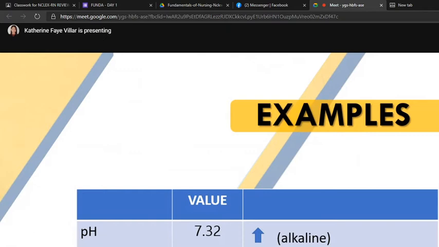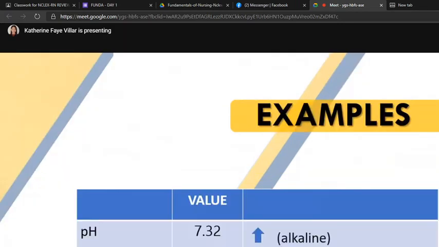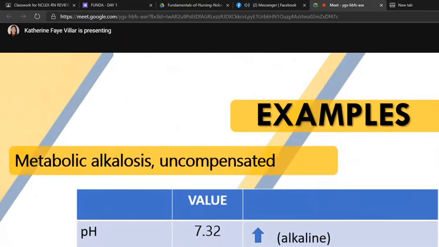Magiging invalid yung result kasi pag gano'n. So, dapat alkaline, higher. Yung HCO3 dapat yung taasan ko. Dapat 29. Ayan. So, that's an example of a metabolic alkalosis and uncompensated.